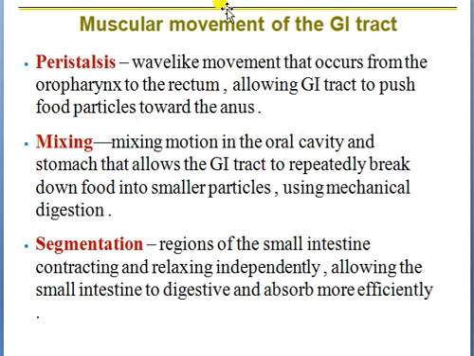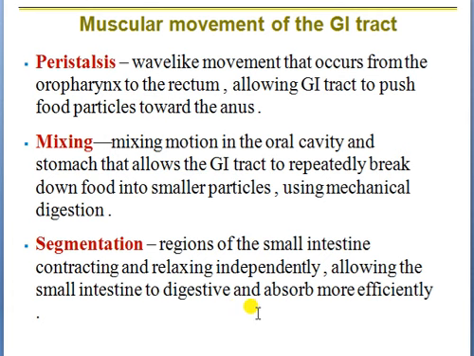During this movement, mixing happens automatically. That is why it is a mixing motion, first taking place in the oral cavity and stomach, allowing the GI tract to repeatedly break food into smaller particles using mechanical digestion. Segmentation: I will show you the difference between peristalsis and segmentation in the next slide. Segmentation occurs in the small intestine, with contracting and relaxing happening independently, not dependently. So it mainly happens in the small intestine.